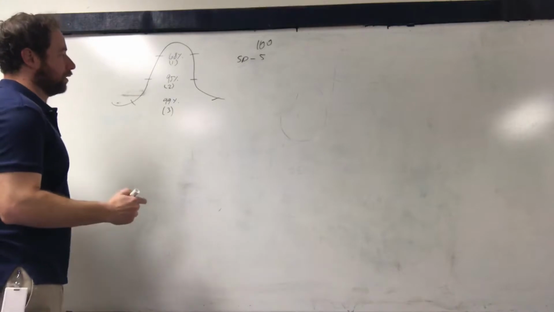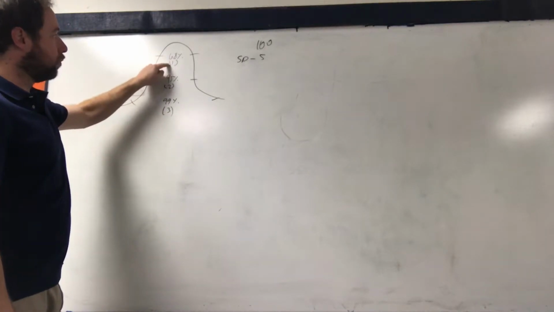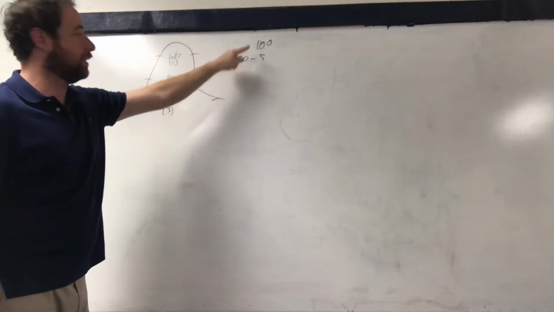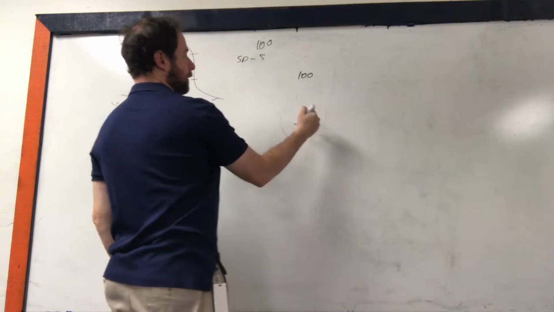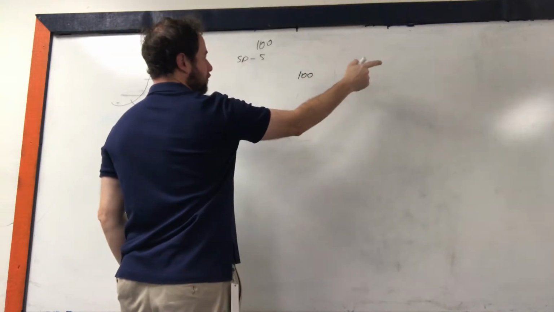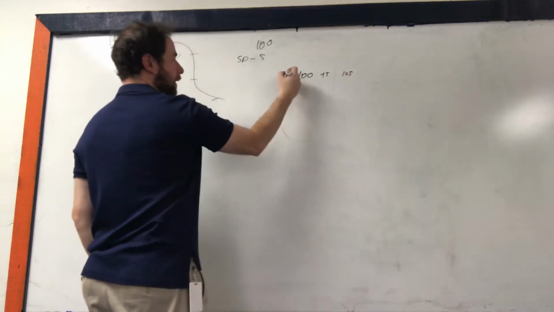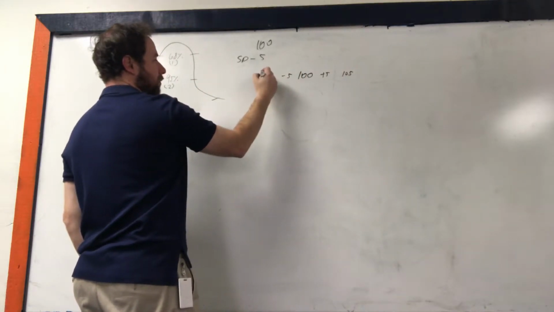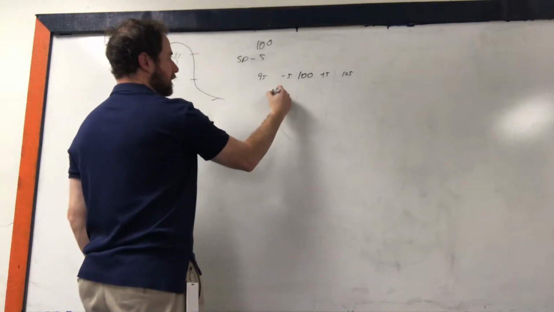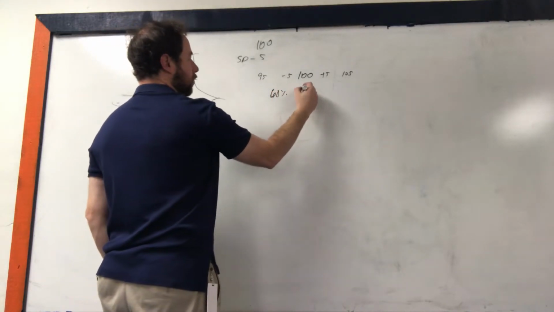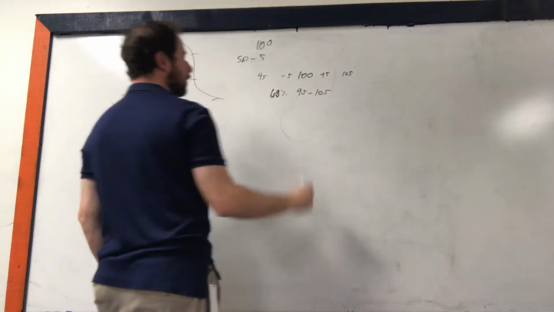The way this works is 68% of them will be one standard deviation either way of this 100. So 5 away this way would be plus 5, which is 105, and 5 away the other way would be minus 5, so it would be 95. So you would say 68% were from 95 to 105. That was their range.